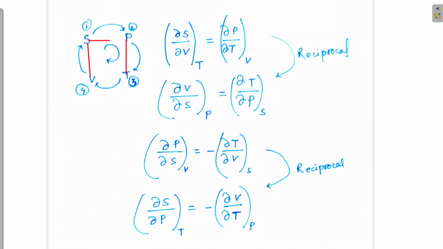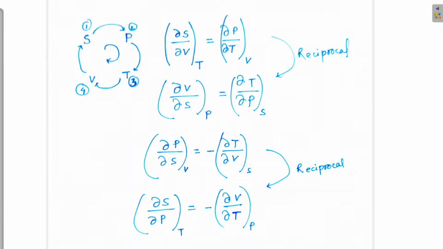Then I will take the partial derivatives like this: del S over del V is equal to, I'll go from 1 to 2, where it is P, so it is del P over del T. So from these two pairs I take the partial derivatives like this.